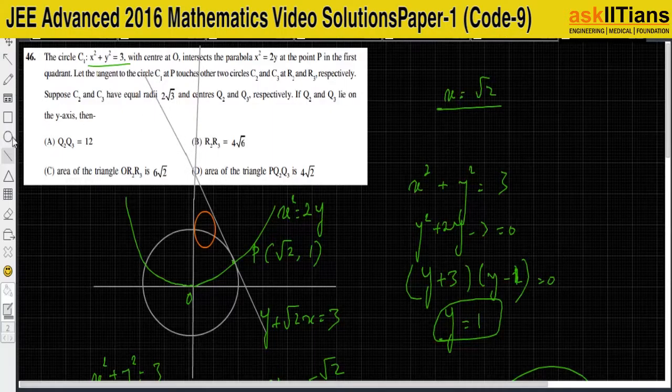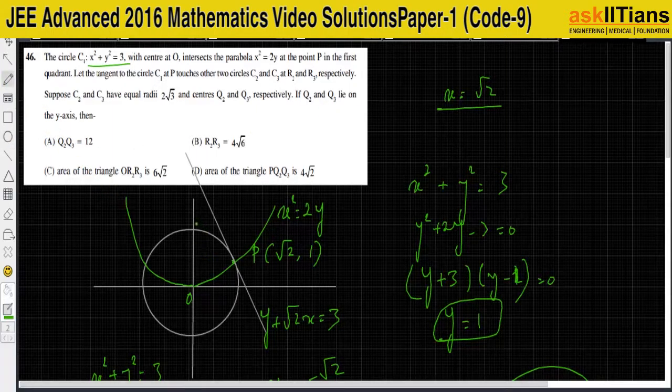The other circle will be somewhere here because the radii are the same. So this again touches this particular circle. These circles have equal radii, and their centers Q2 and Q3 lie on the y-axis.